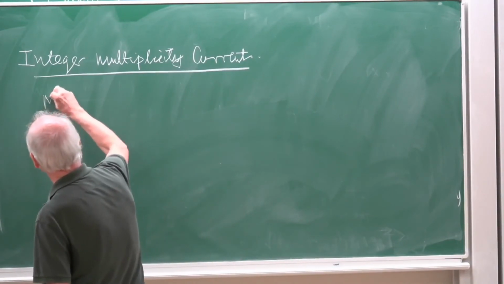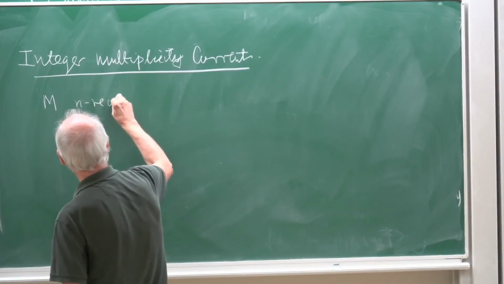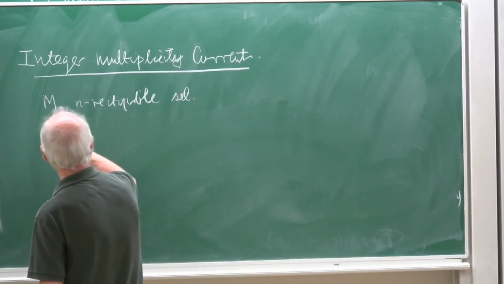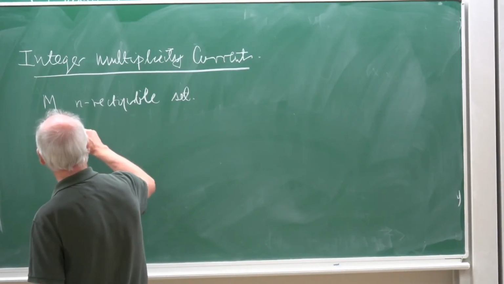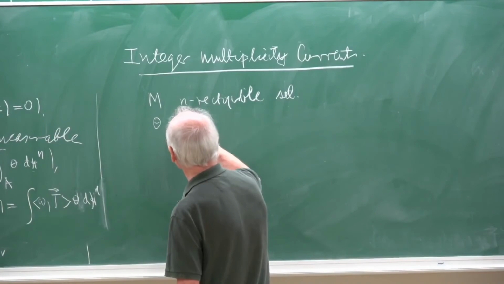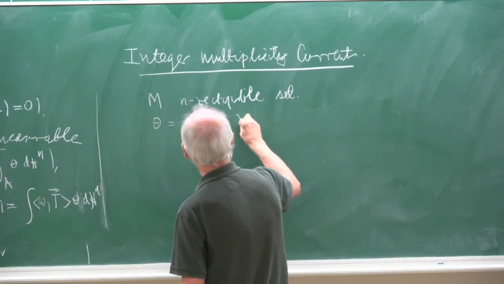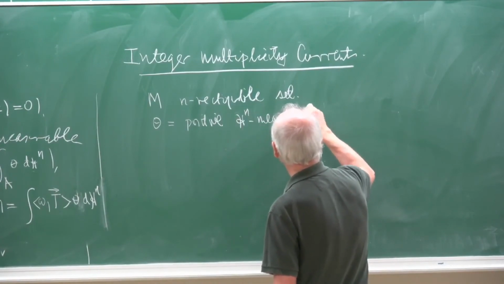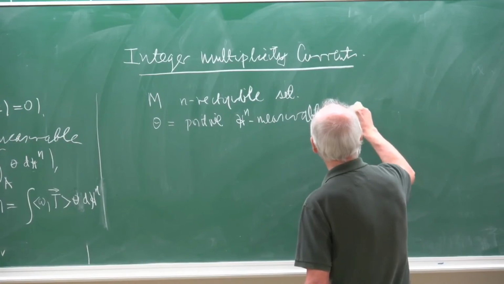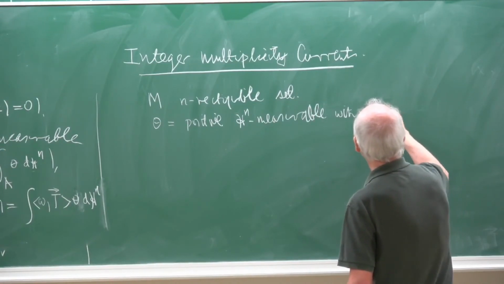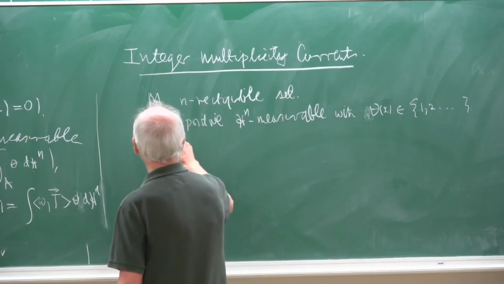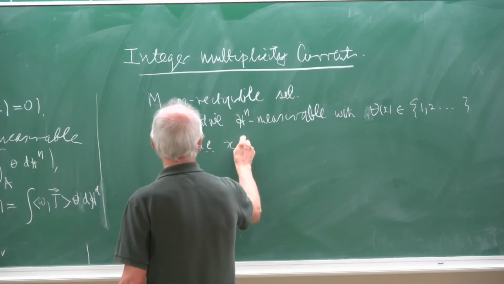So take M to be an n-rectifiable set, and theta a positive integer valued, H^n measurable function, with theta(x) in the positive integers, H^n almost everywhere. Almost every x in M.